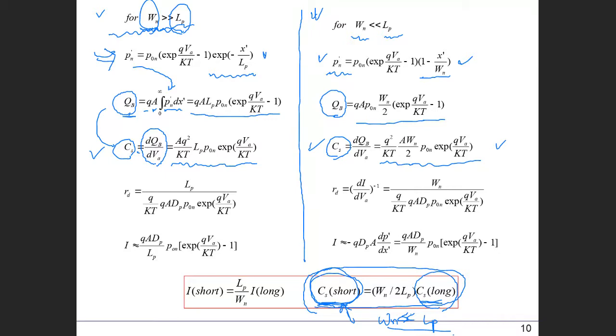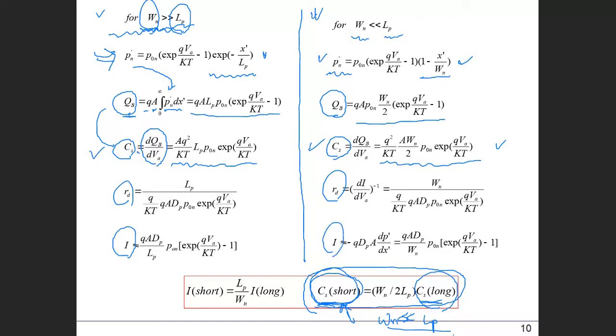Another one is, following the same way, we can obtain the resistance for the device, and another important thing is the current.